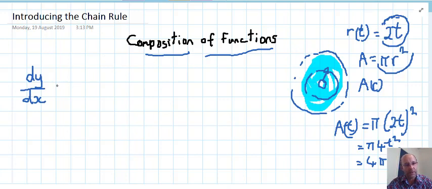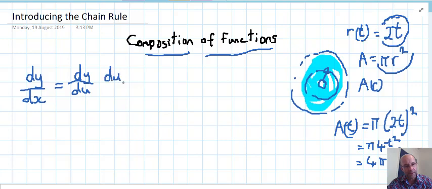We can show that the derivative dy/dx is dy/du times du/dx. Now that's a times there, it's not always written.